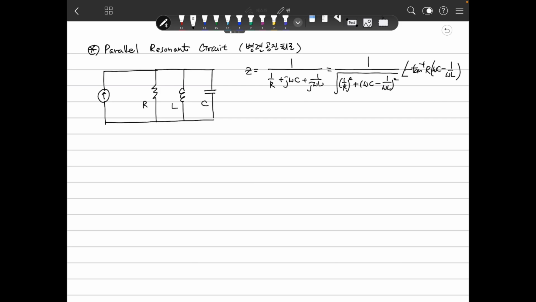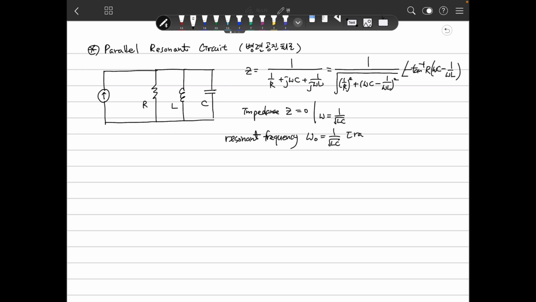The impedance Z can be 0 at omega equal to 1 over root LC. So we define the resonant frequency omega 0 as 1 over root LC.